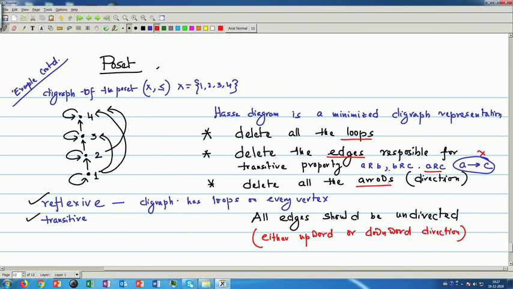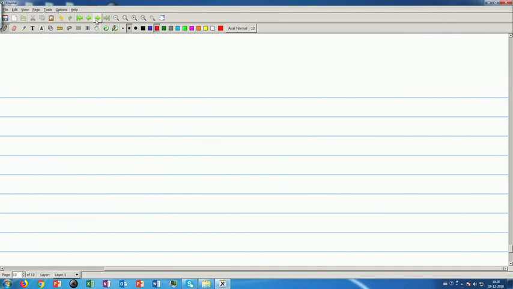Then how can we do that? So, in the first step, the Hasse diagram, we continue the same example.